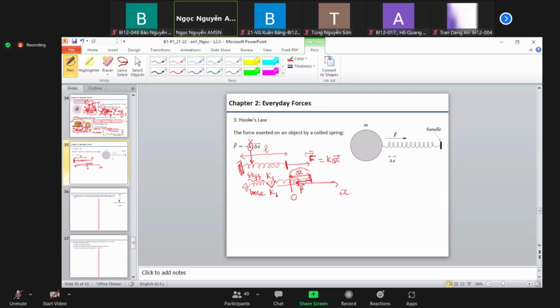I don't know, in the slide she calls it F, but its name is restoring force. So I call it F, F restoring. I'm not sure how she calls it. Do you remember how Miss Vân called this force?